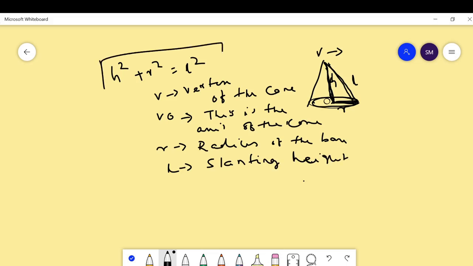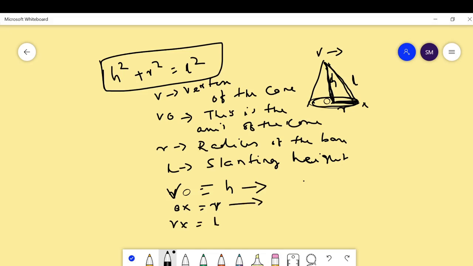This is the relation between L, h and r. VO is equal to h, OX is equal to the radius of the base, and VX is equal to L, the slanting height.